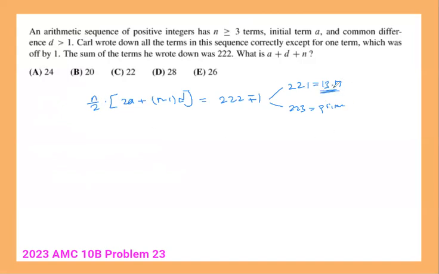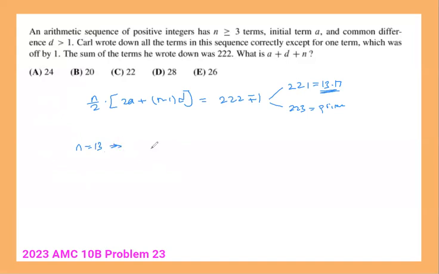If I choose n as 13 or 26, and then this parenthesis will be 17, you can go with that. But if you do so, n will be 26, and that would be 25 times d plus 2a, which doesn't make sense because you will get larger than 17. So let's go with n as 13.